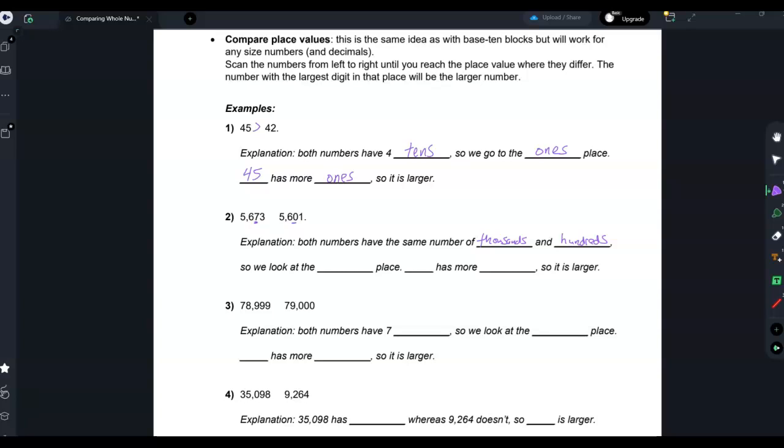In this case, though, they do not have the same number in the tens place. So we look at the tens place. And we can see which one has more tens. Well, this one has 7 tens versus this one has none, right? So we can say that the 5,673 has more tens, therefore it's larger. So again, I'm going to use a greater than symbol here.